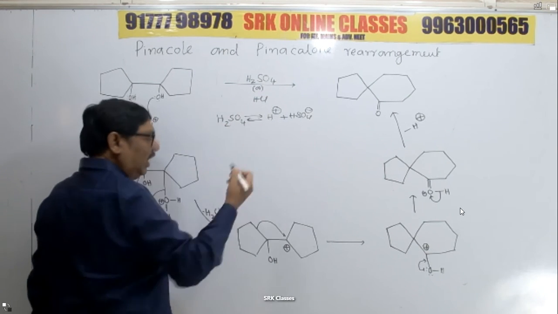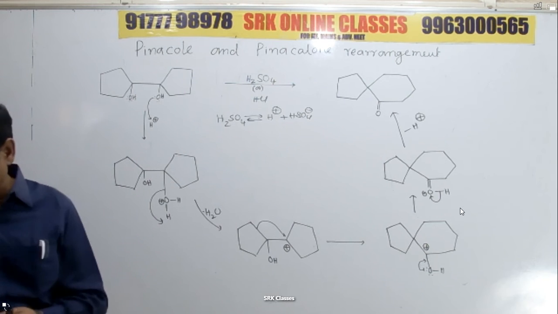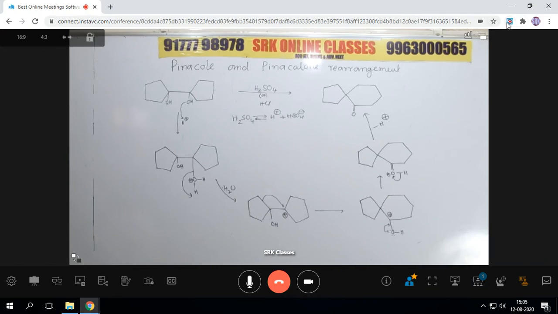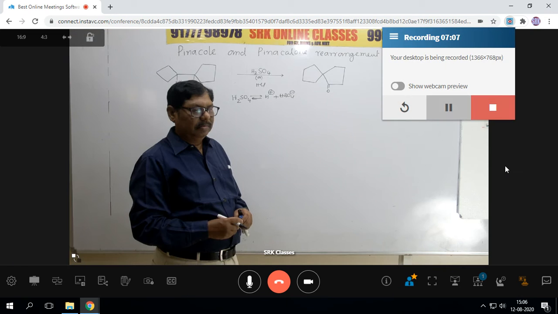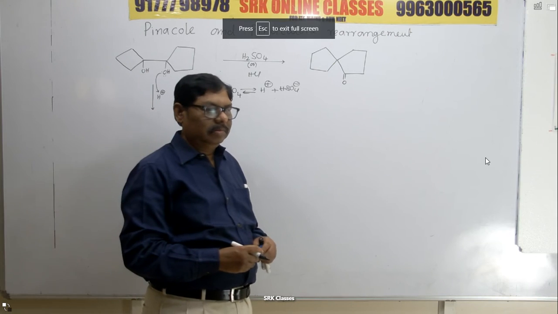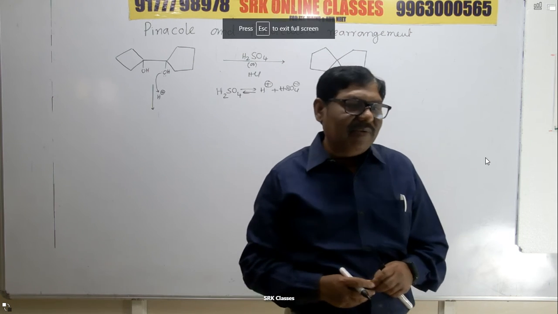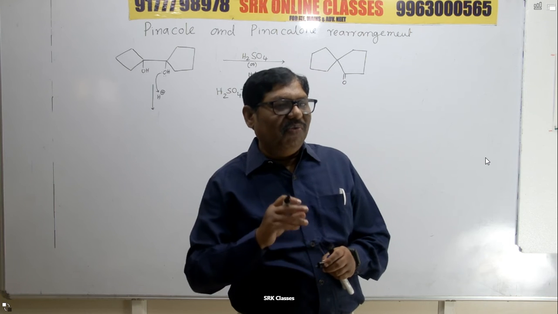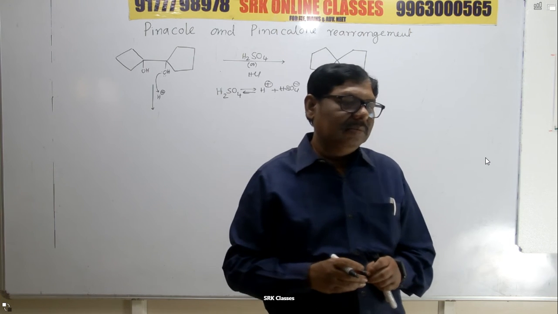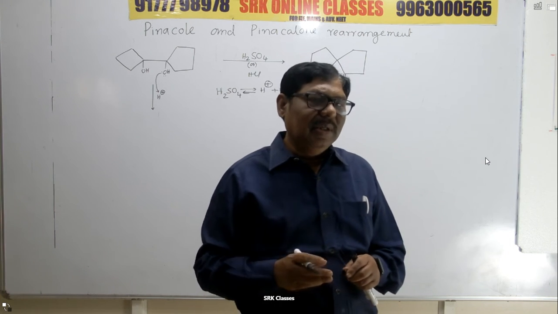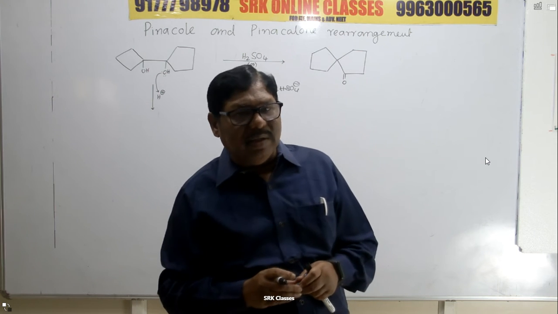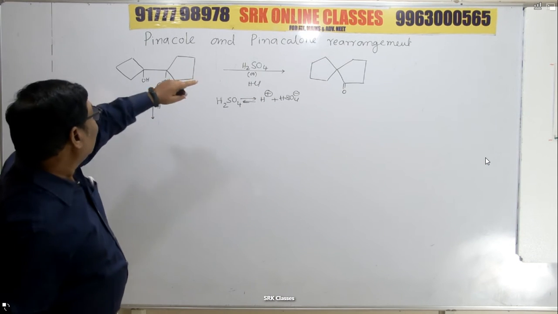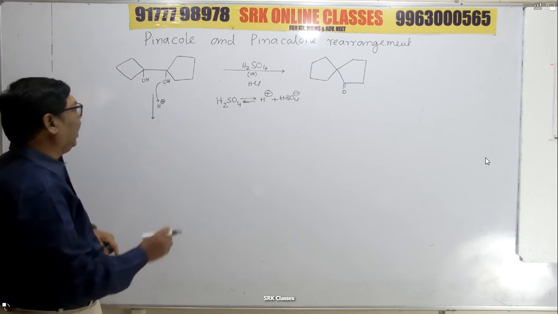Sulfuric acid is there, H plus is produced. In the first example I gave two 4-membered rings, that is converted into a 4 and 5-membered ring. Then I took 5 and 5-membered rings, that becomes a 5 and 6-membered ring. Now I am taking an unequal, unsymmetrical compound. 4 and 5 I have taken.